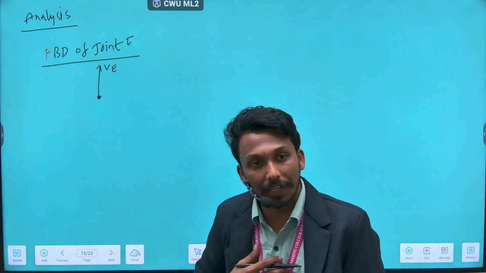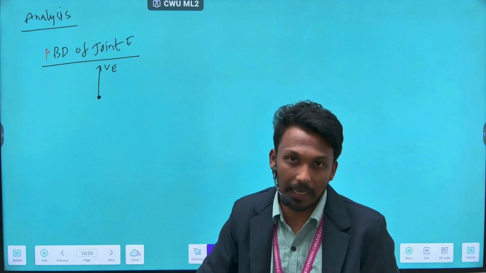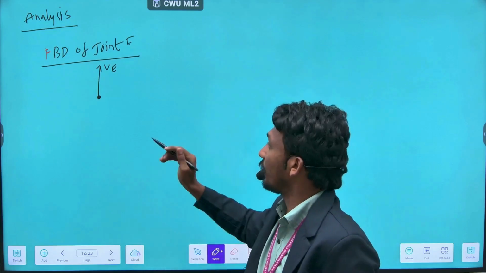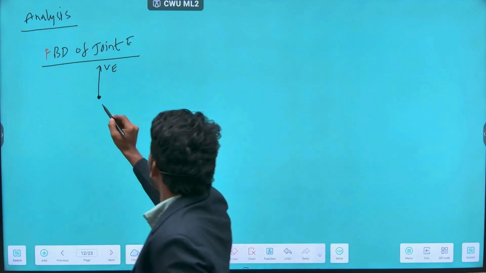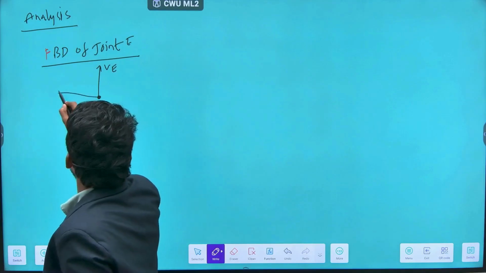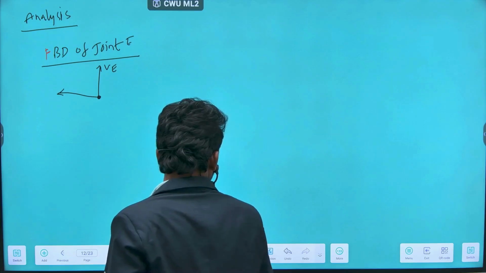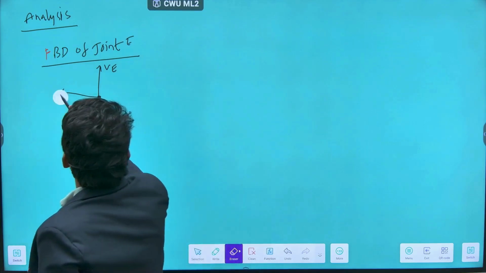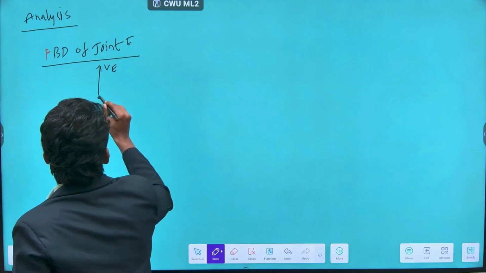So in the entire analysis, we assume that all the members are carrying tension, and hence in the free body diagram we represent the force away from the joint. So I have a member force here. It is my assumption that this member is carrying tension, and hence I am representing it away from the joint.